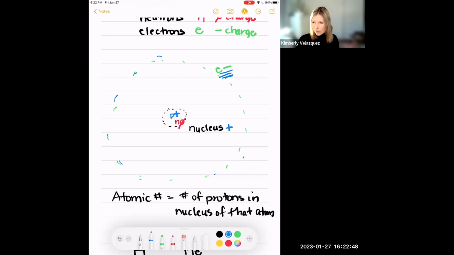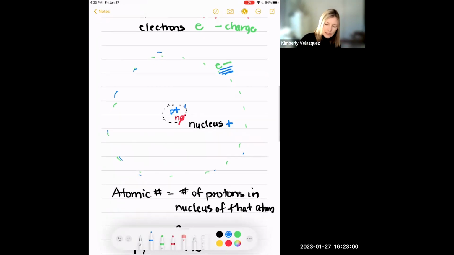And that's actually what holds that atom together. Now, this distance is really pretty great between the two, but yet that attraction is still there. They're never going to get pulled in. There's going to be some space in between there because those electrons are moving so quickly that they never actually get pulled into the nucleus, but it's holding that atom together.